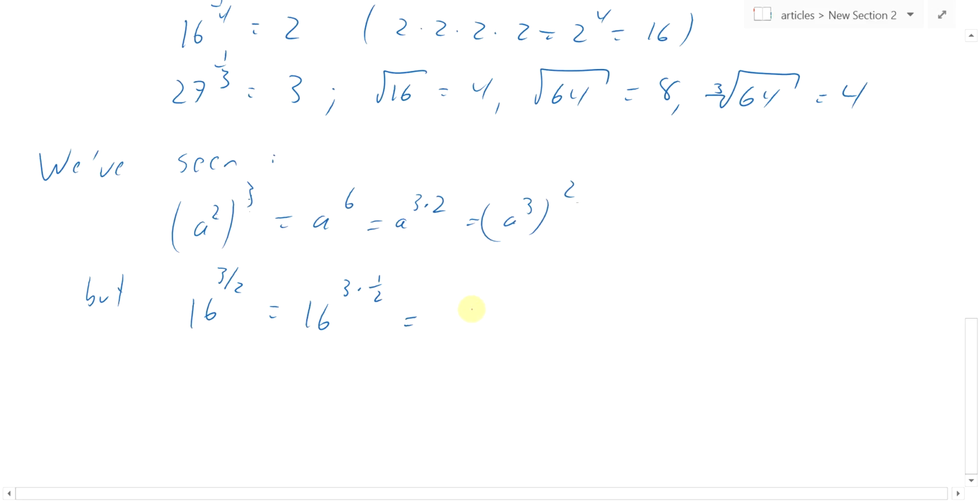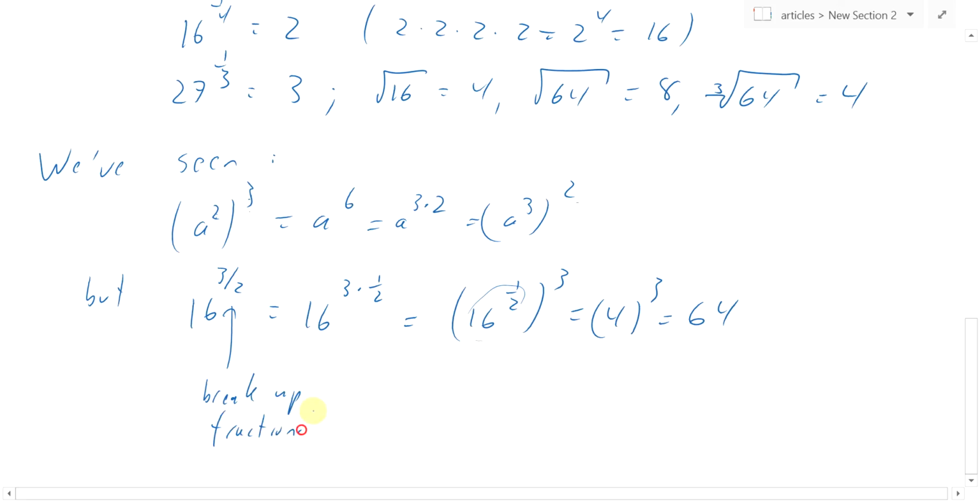I can rewrite this as 16 to the 1 half cubed. And now 16 to the 1 half, that's square root of 16, so that's 4 cubed, so that's 64. So if we have a fractional power and I want to evaluate it without a calculator, you can break them up like that, and then you can figure out what that was.